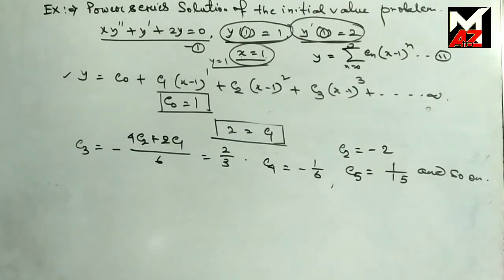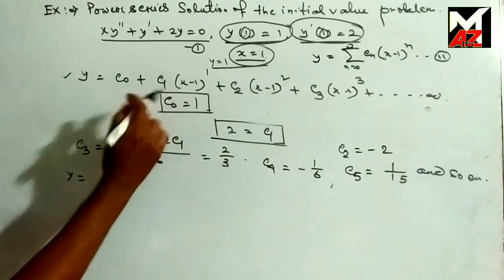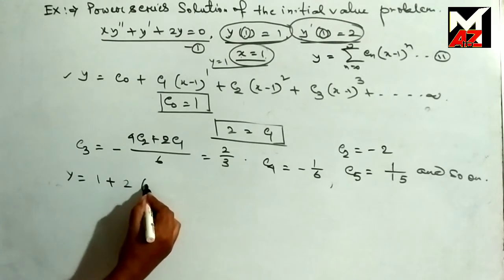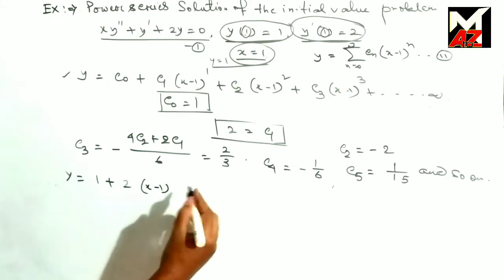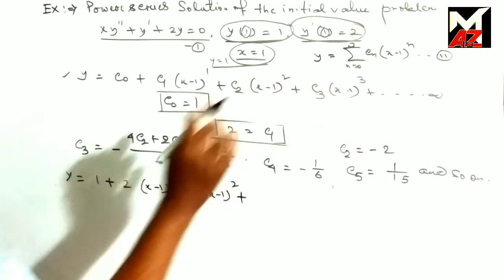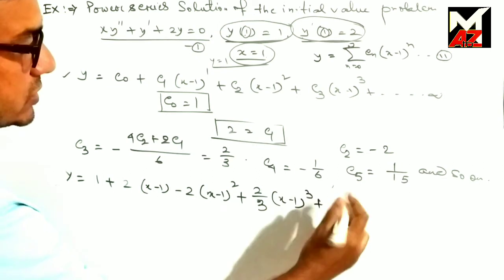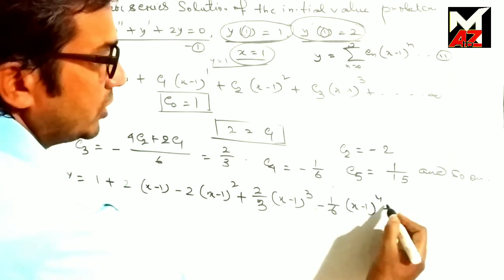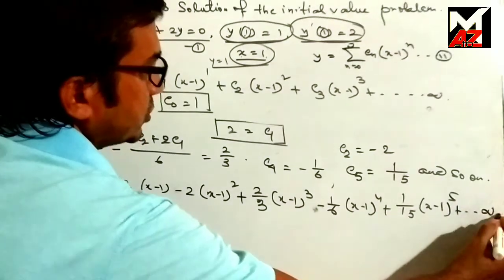We get the complete solution as y equal to C0 means 1 plus C1 means 2 into x minus 1 plus C2 means minus 2 into x minus 1 whole square plus C3 means 2/3 into x minus 1 whole cube, C4 is minus 1/6 into x minus 1 whole to the power 4 plus 1/15 into x minus 1 whole to the power 5 and so on.